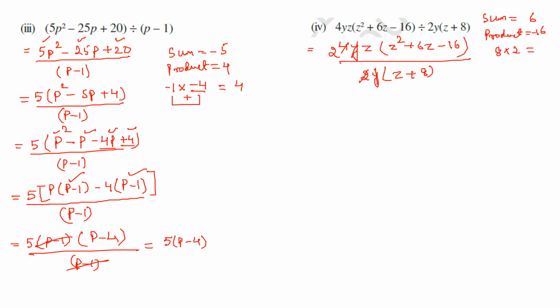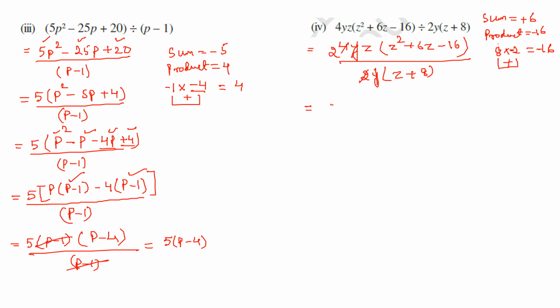So 8 times 2 will give you 16. But the product is minus 16. It means either 8 or 2, any one number should be negative, isn't it? Then you see the sum. Sum is 6. It means the greater number will be positive because sum is positive. So I have to write 8 into minus 2. And if you add 8 and minus 2, you will get plus 6.